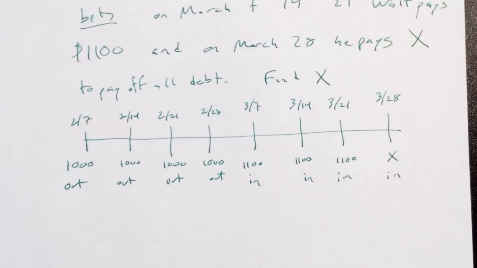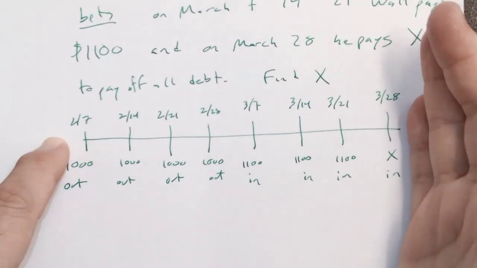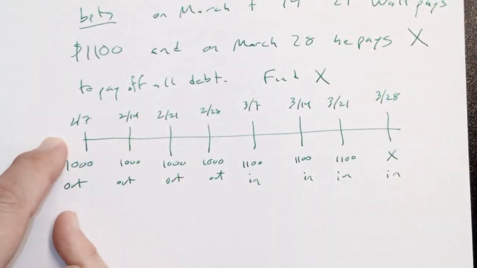Now, in order for me to figure out X, I need my equation of value, which means I need a valuation date. We can pick any date we want. In the textbook, here on page 23, they do two different calculations. They do one with this valuation date, and they bring all this money to present value.